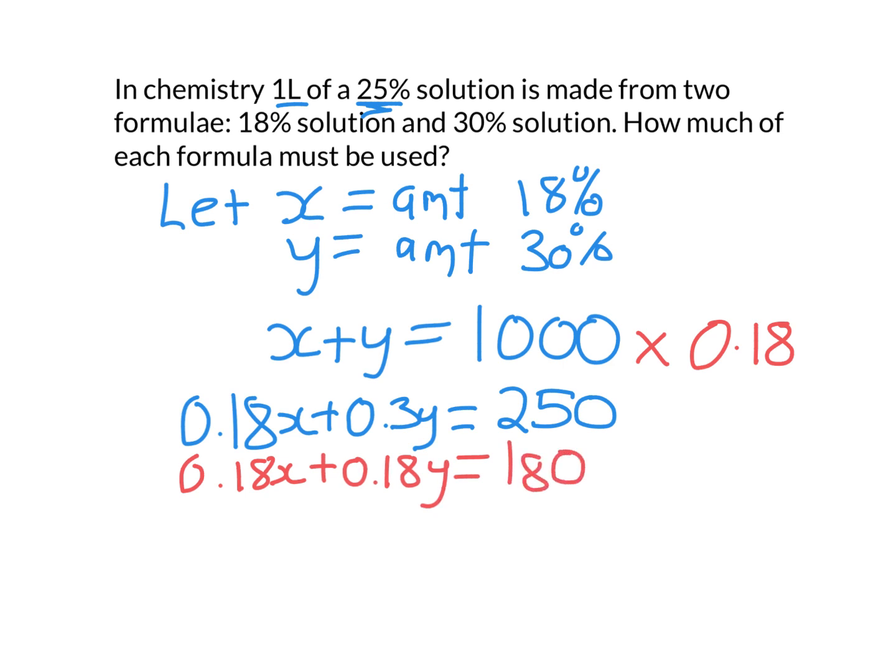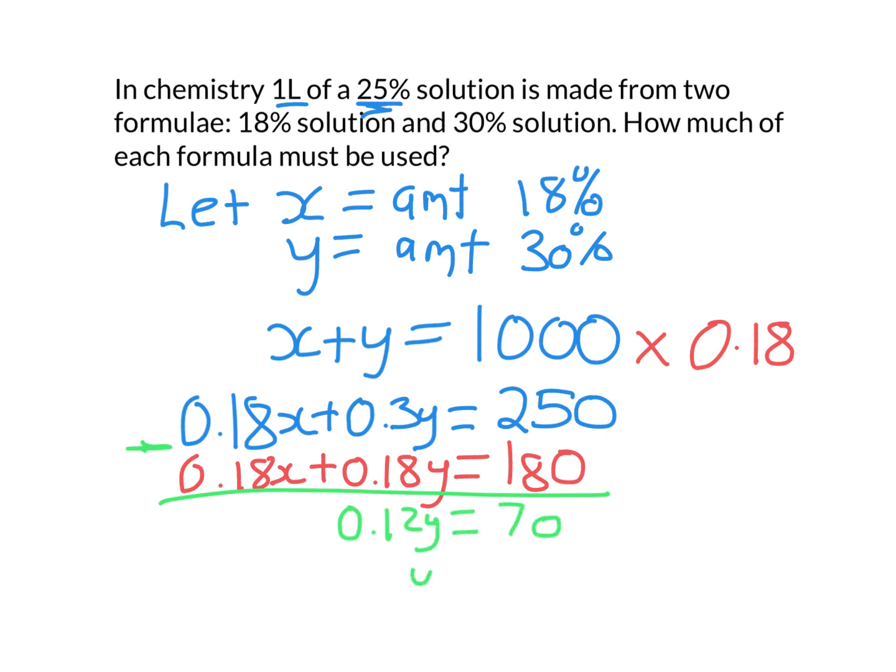So I have x's with the same coefficient in both equations. They have the same sign, so I'm going to subtract and eliminate the x's. 0.18x minus 0.18x is 0. 0.3y minus 0.18y, I get 0.12y, and 250 minus 180 is 70.